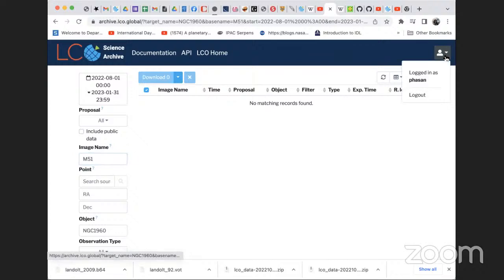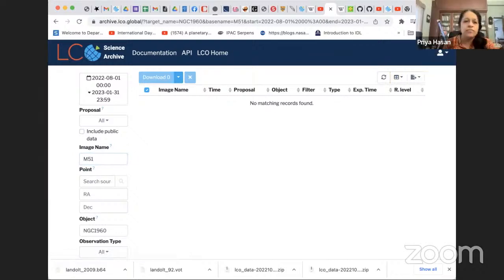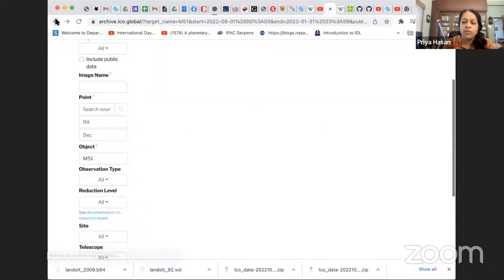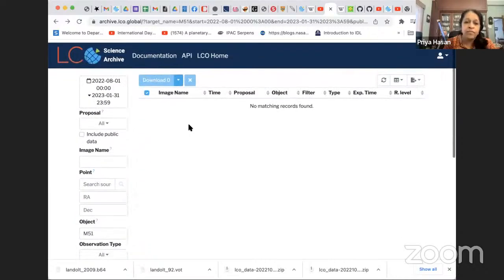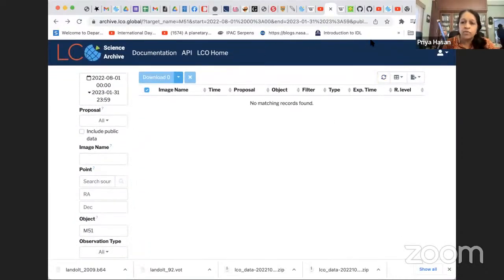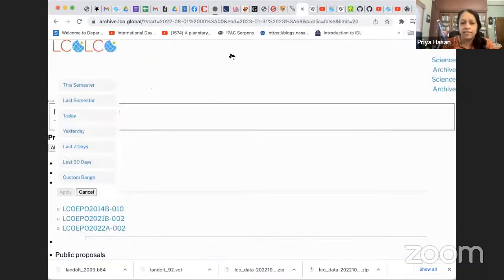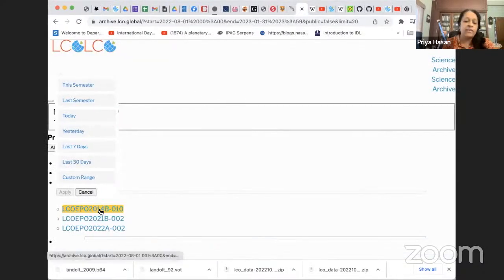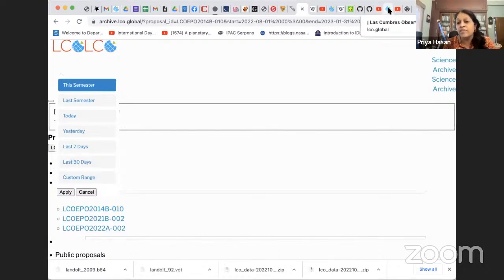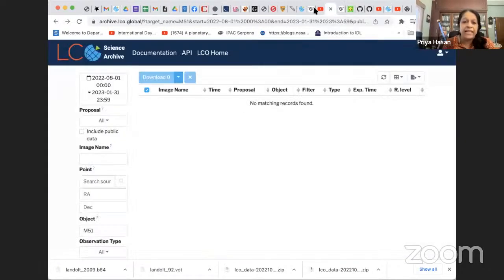Once you log in, if the others can't, I have given them the password, or I will share data with them. So what you can do is have a look at the data available. Let me show you the simplest one, standard stars.